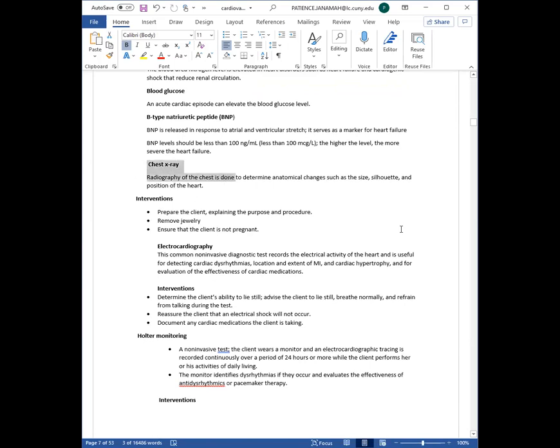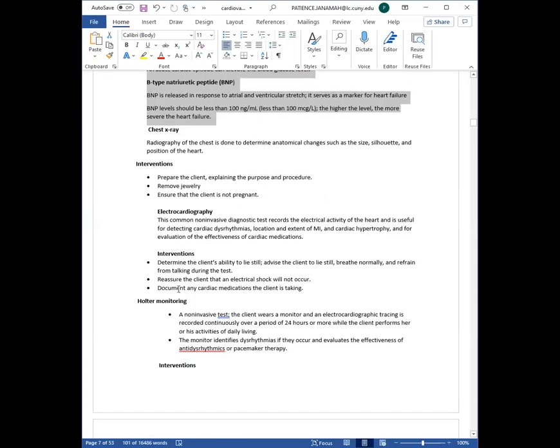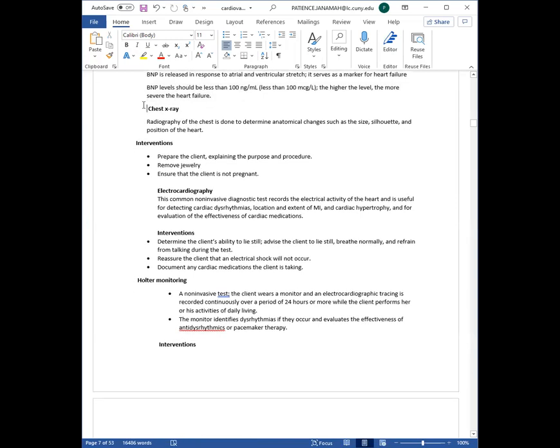Now, we also do X-ray to identify heart problems. So all these ones I've been talking about are blood work you will do for the patient to identify a heart problem. So when you do a lab and they tell you one of these has a problem, they're suspecting your heart, they do a further study to know why. They go to X-ray. So you now have an X-ray to do. And we all know what X-ray is, to give a picture reading of your heart.